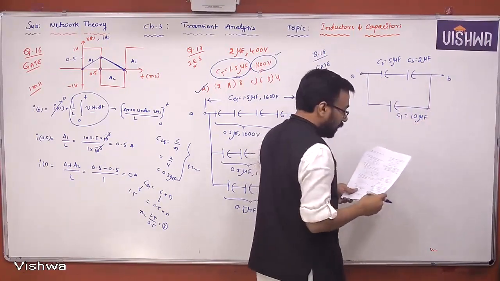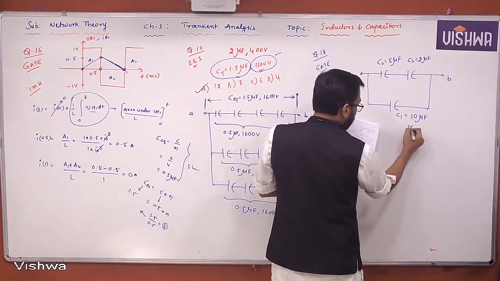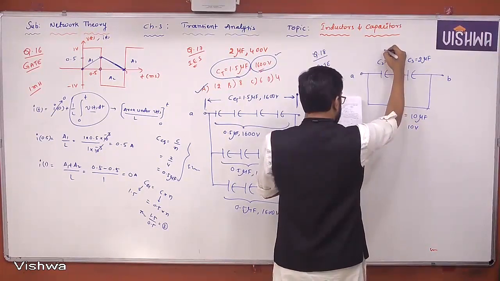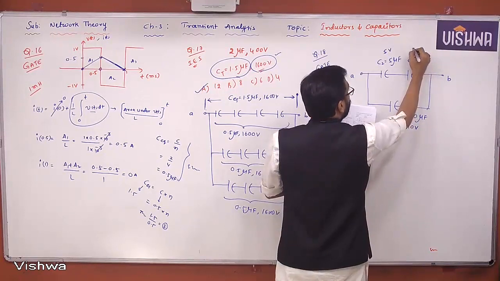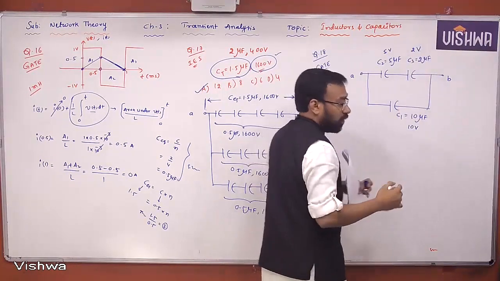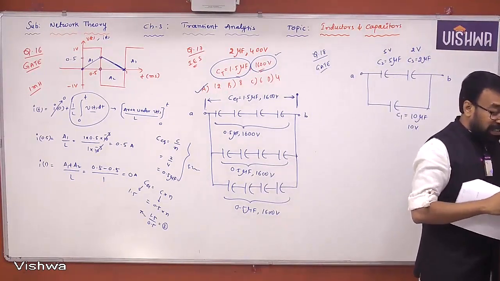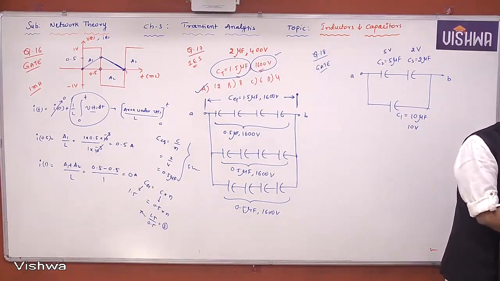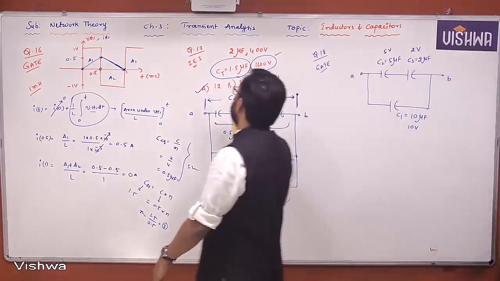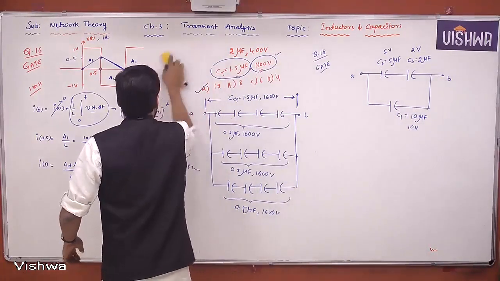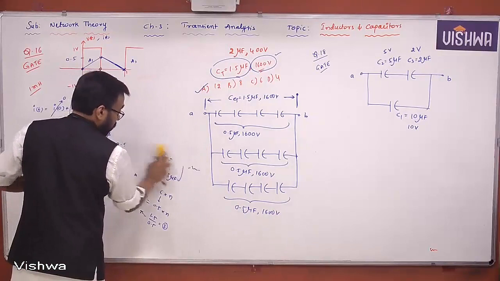So what is it expecting actually? Here its breakdown strength is 10 volts. Here the breakdown strength of this one is 5 volts. Here the breakdown strength is how much? 2 volts respectively. Understand, all of you? So what is the maximum safe voltage that can be applied across the combination, that is AB, so that every capacitor is safe?